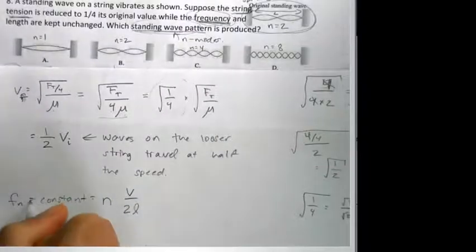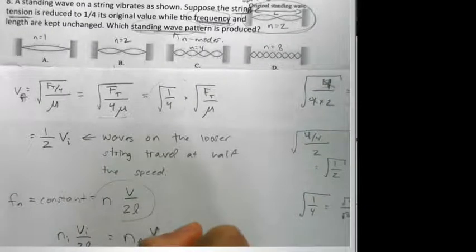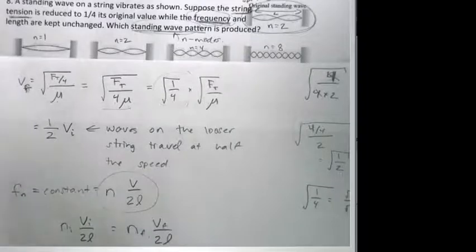Okay, so if I know my before and after speeds, I could set these two things equal to each other. So let's go with n initial V initial over 2L equals n final V final over 2L, like that. So I've set these two things equal to each other.